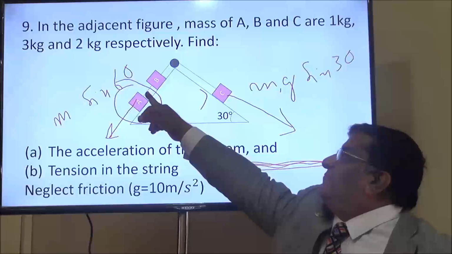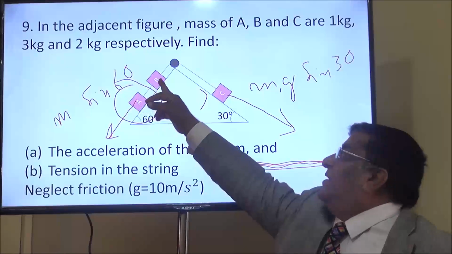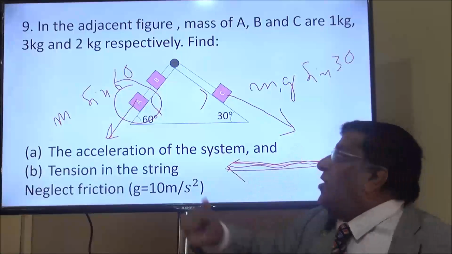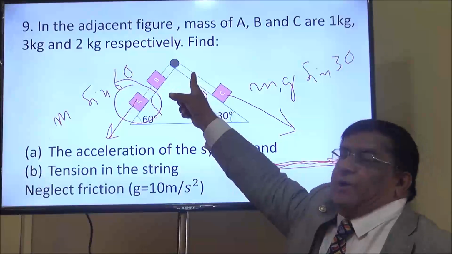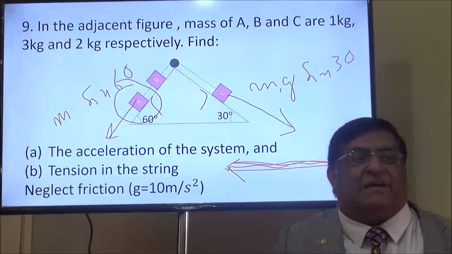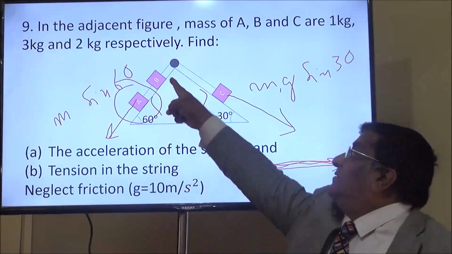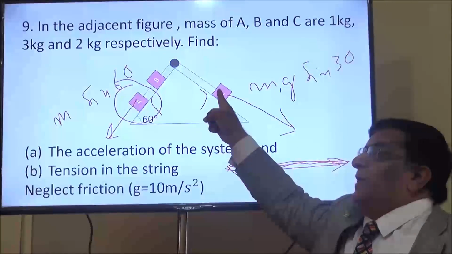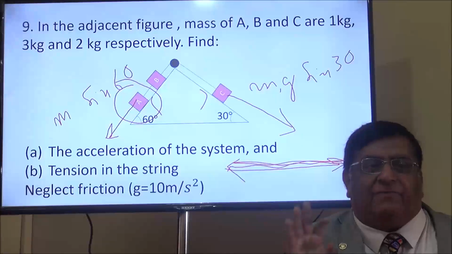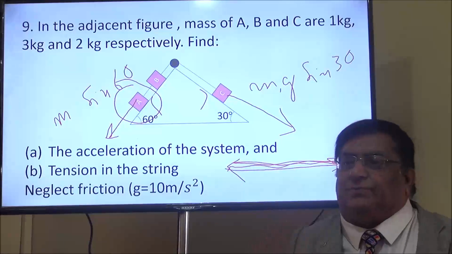So this tension you have just calculated is T1. Let the tension in this string be T2. Everywhere it is the same. It is not different at this point and this point, because the string is one. Please see here. This string goes from this point to this point. At every point tension has to be the same. And we take this tension as T2.